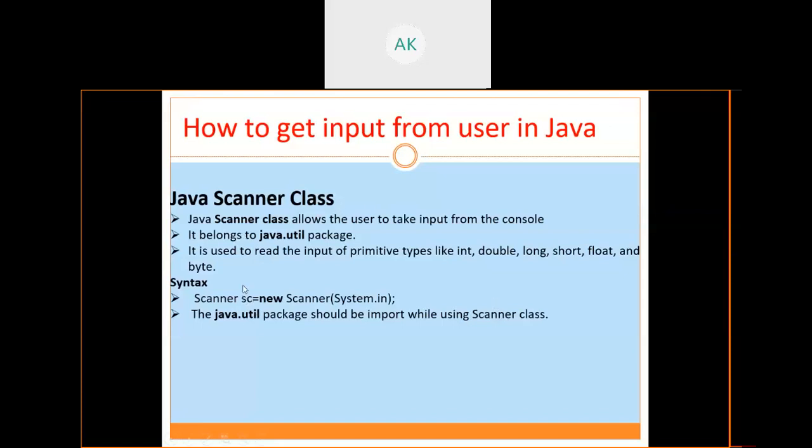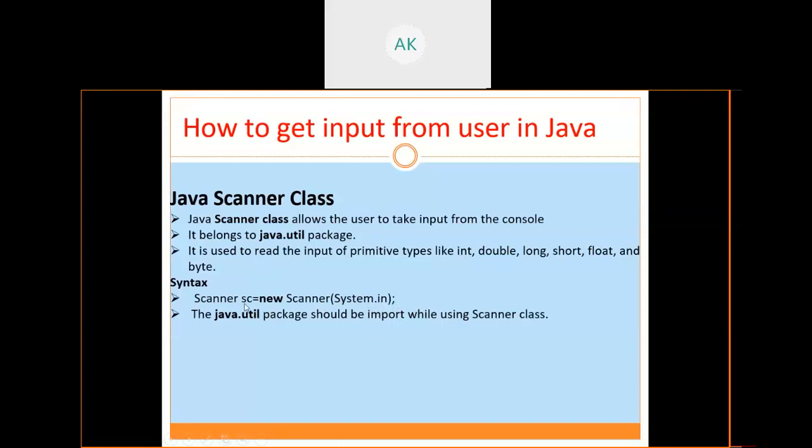So I will write the class name, that is Scanner, and I'm creating this sc as an object. You can create any object name as per your convenience, as per your preference. And then you simply call the constructor of Scanner, and as you want to take the input from the user, that is from the system, we'll write System.in. I will get clear on this terminology when we start typing the code.